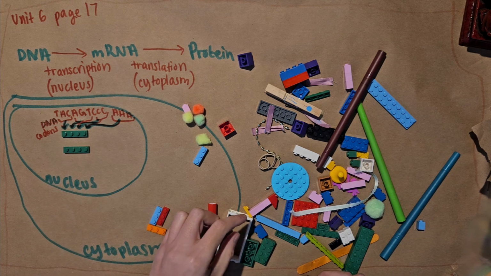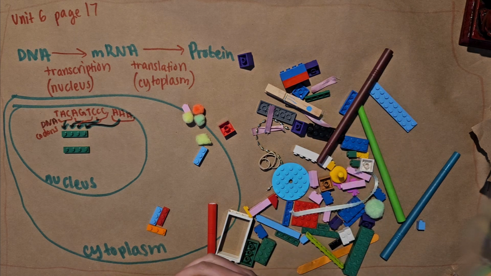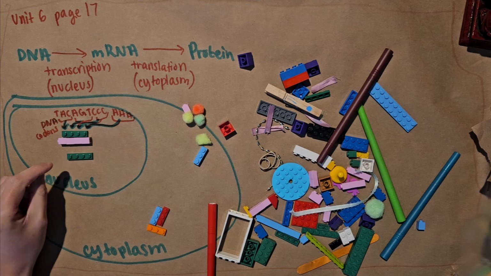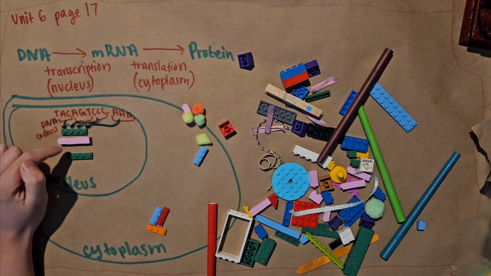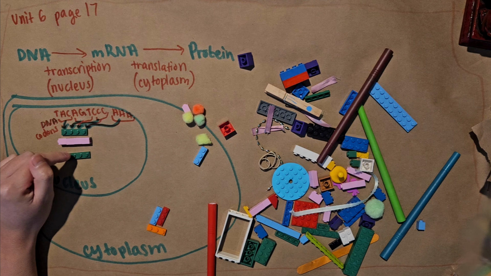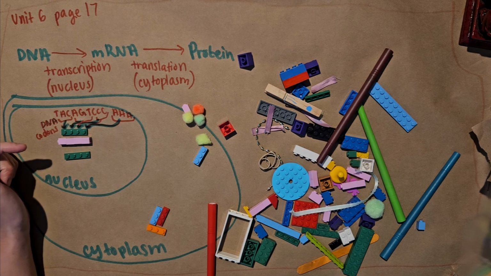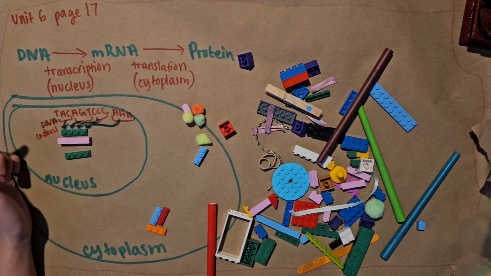So when the mRNA comes down and gets coded, it will be coded on one side of the DNA, not the other side. One side will be the coding side, the other side will be the non-coding side. Or this side will be the complementary side, this side will be the coding side.